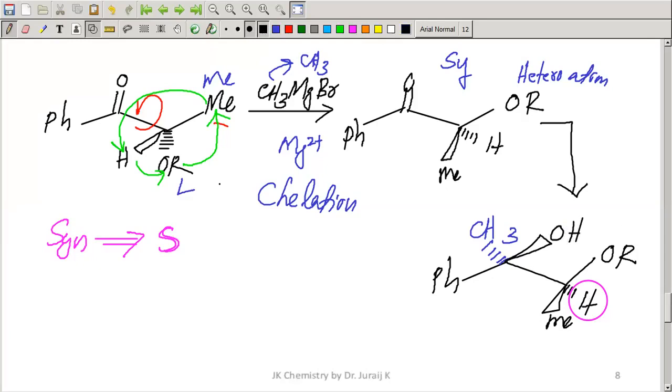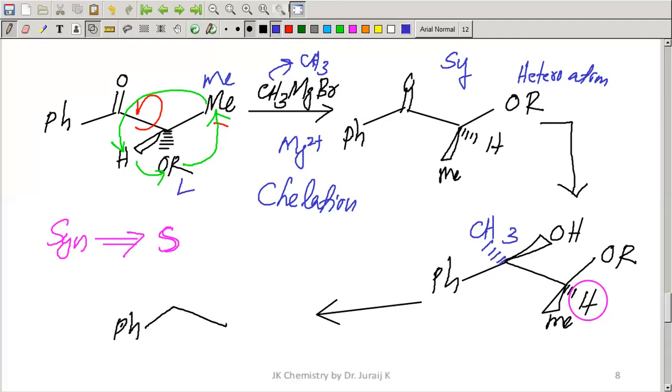Maybe the problem is that in your options you can't see this structure. That means OR will be in dash as in the case of the substrate. There may be a chance. Then in that case, you want to do a small manipulation. That is the same structure, no change at all.